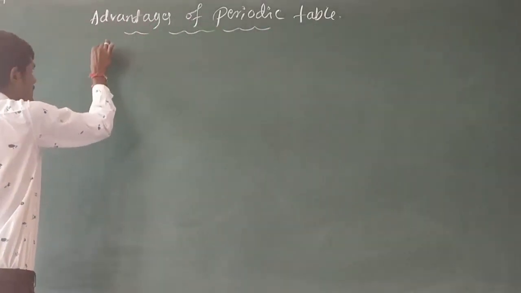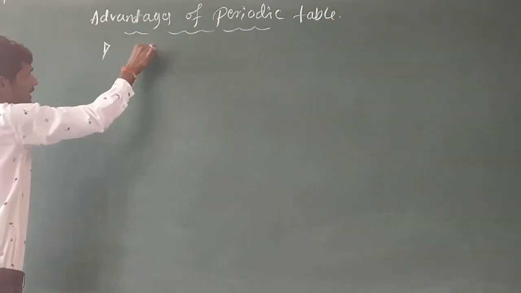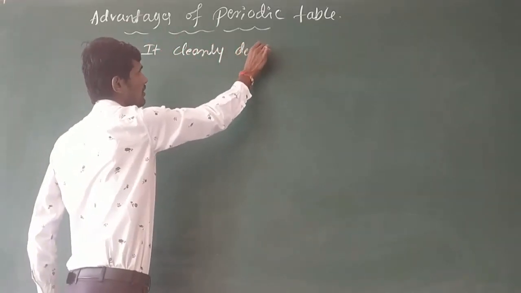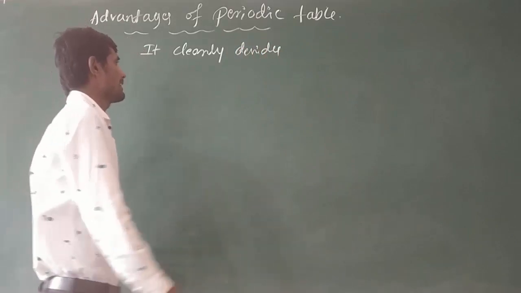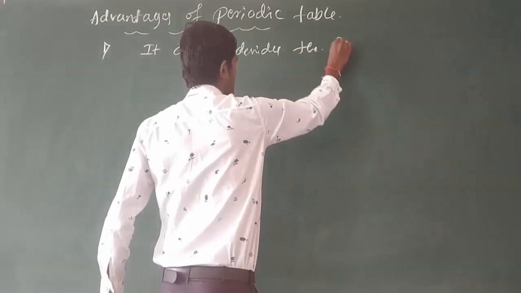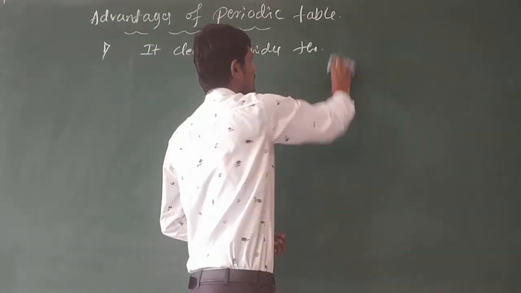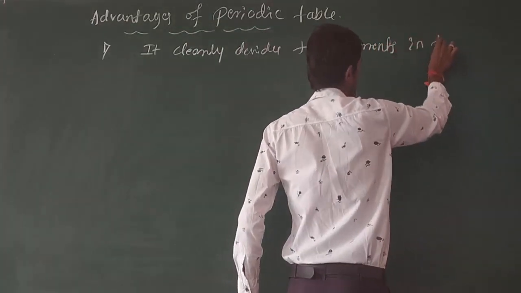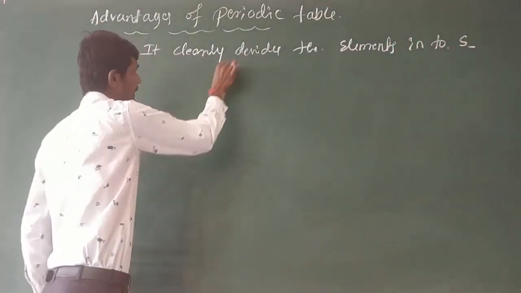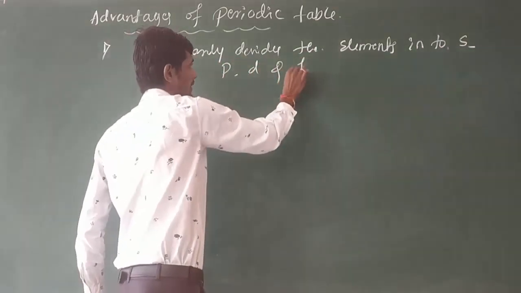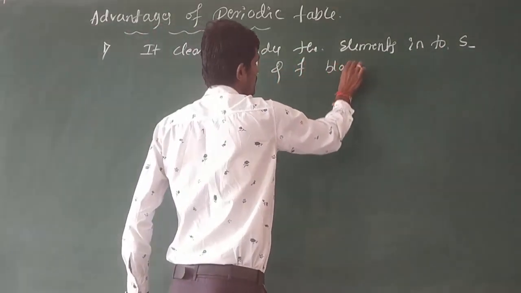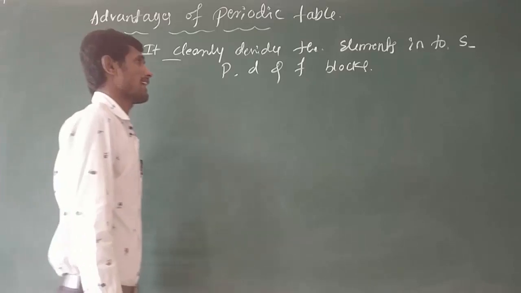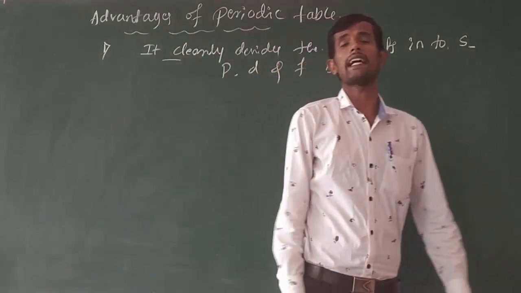Advantages of the periodic table. In that, the first point: it clearly divides the elements into S, P, D and F blocks.